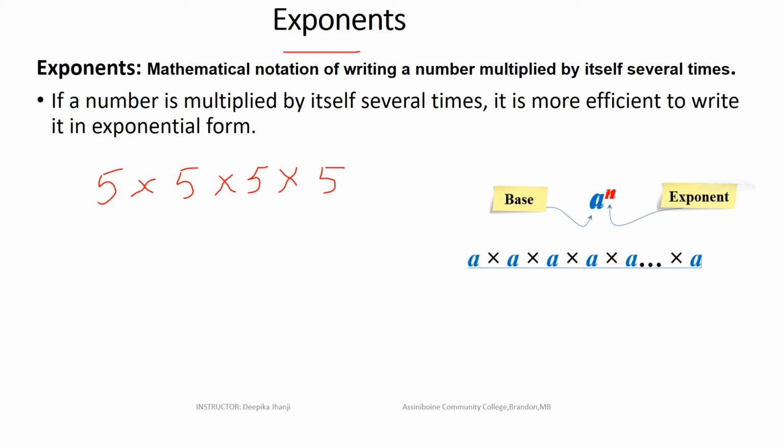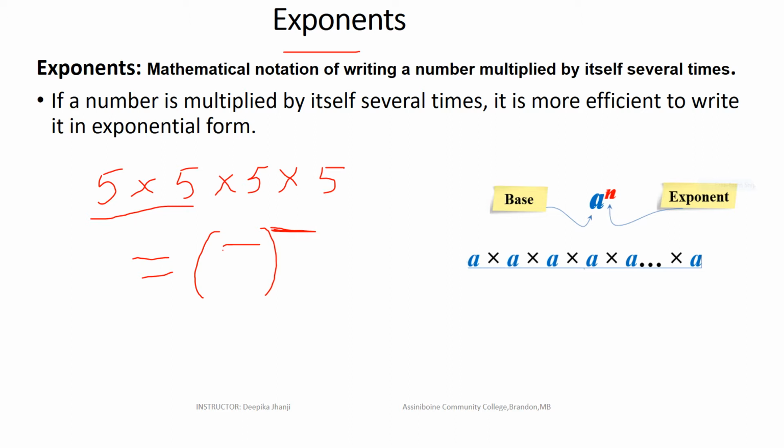In this mathematical notation, whatever the number is, that becomes the base. Then we write a number on the top, which becomes the superscript, or it is called the power.